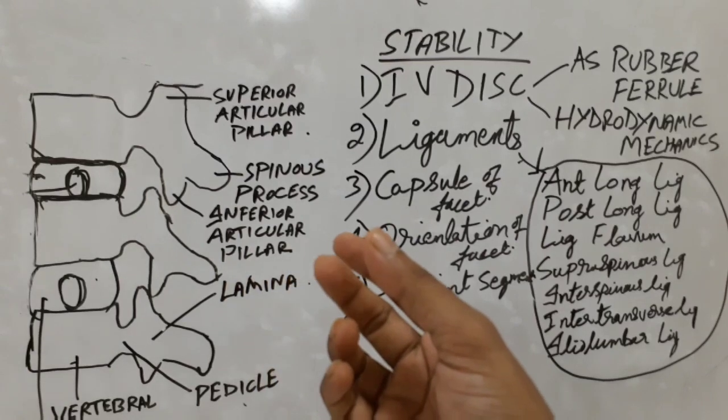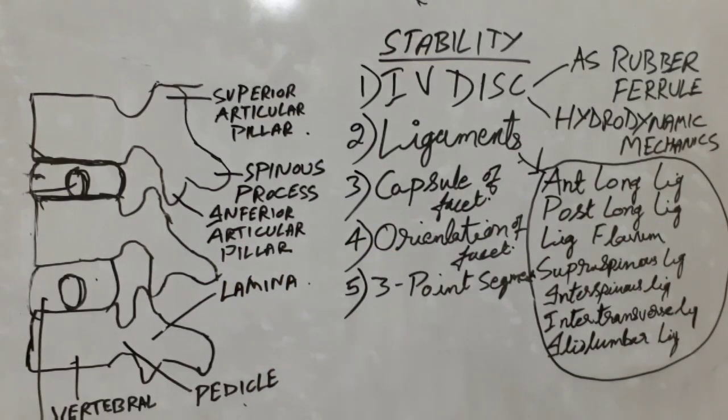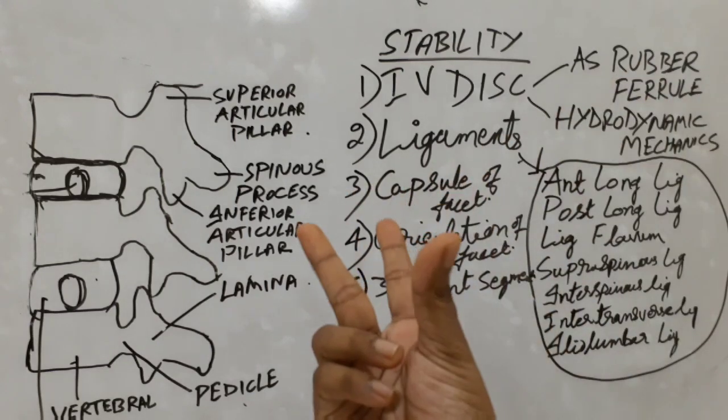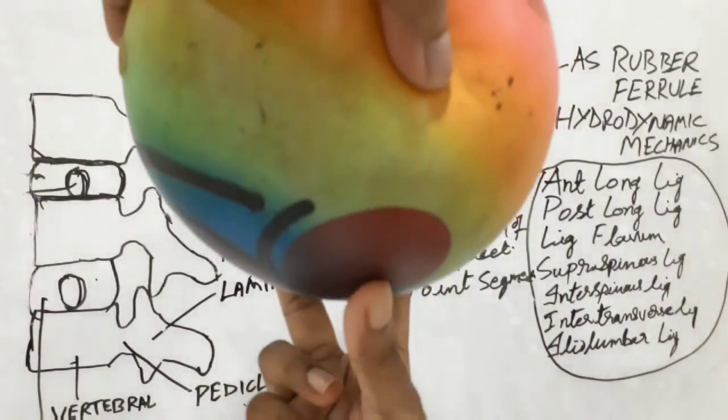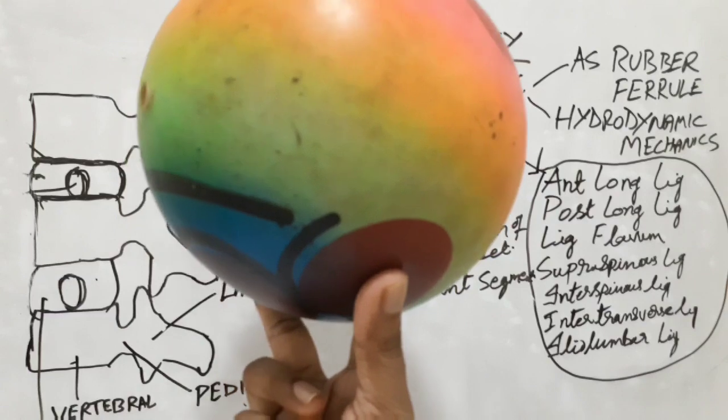So what is the implication of this? Why does the 3-point improve the stability? Just imagine, with 3 points you can stabilize the weight easily.